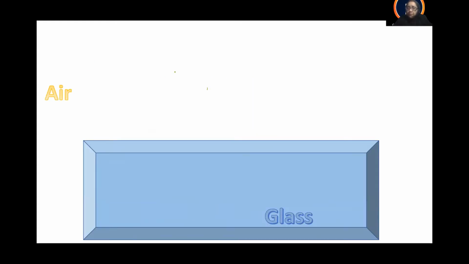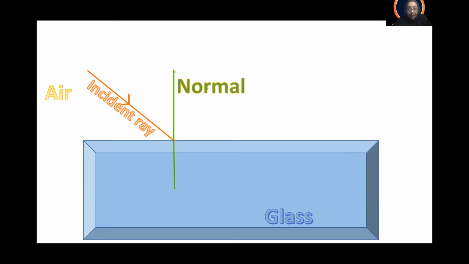Now, whenever it is traveling in the air, we know that the air is a rarer medium and the glass is a denser medium. So in this example, this particular orange ray of light, we call the incident ray because it is striking a particular surface. There is an imaginary line, we call it the normal, which is exactly perpendicular to the refracting surface.